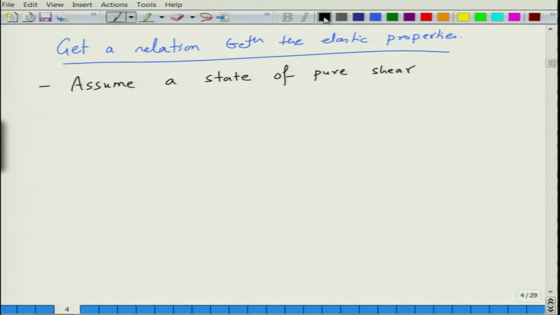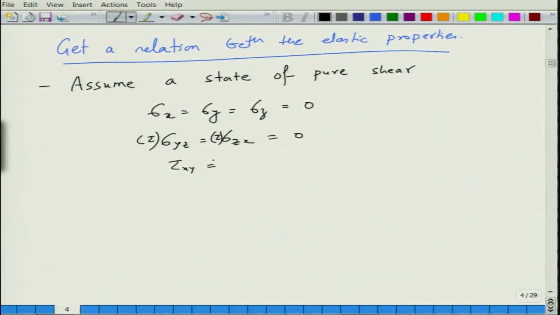By this what we mean is that sigma x is equal to sigma y is equal to sigma z is equal to 0, sigma yz is equal to sigma zx, or you can say tau yz, tau zx is equal to 0, and only tau xy is not equal to 0.